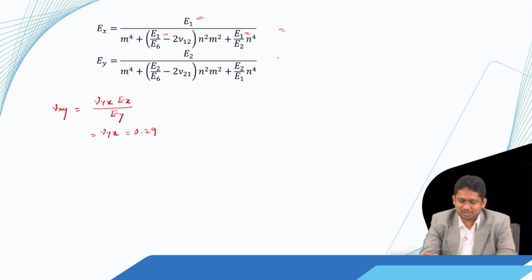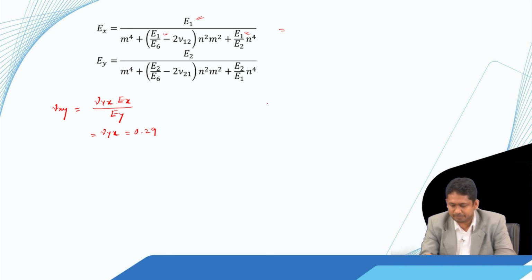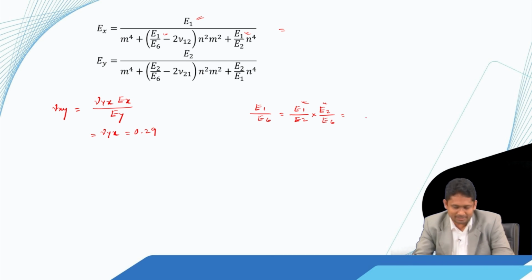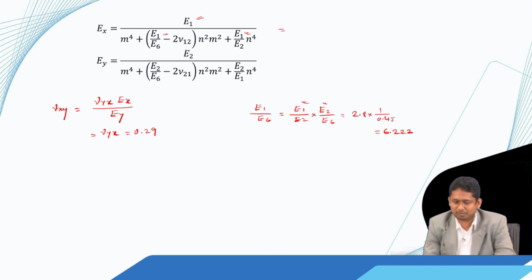The E 1 by E 6 ratio is not directly known, but I can find it: E 1 by E 6 can be written as E 1 by E 2 multiplied by E 2 by E 6. These two ratios are known, so if I multiply them, we get 2.8 multiplied by 1 by 0.45, and that gives me 6.222. So, E 1 by E 6 is 6.222.